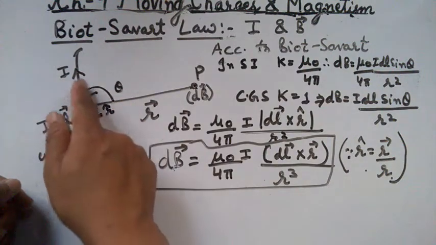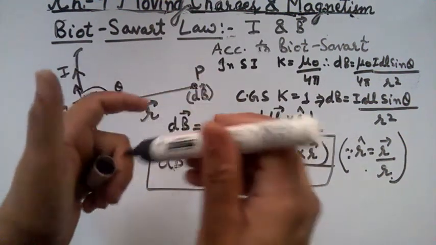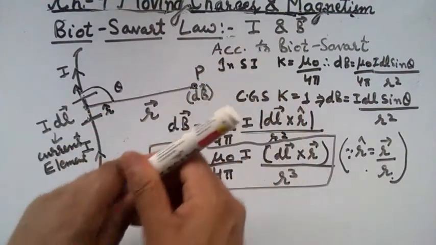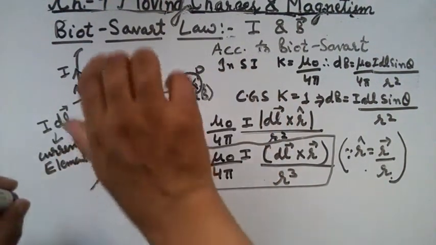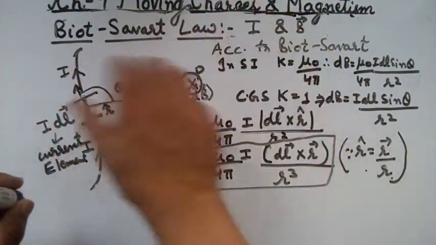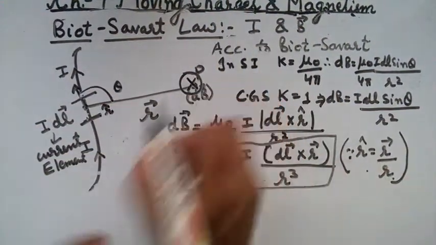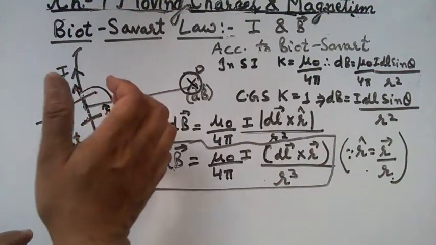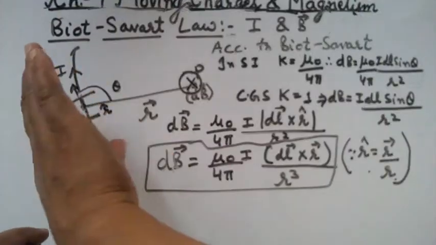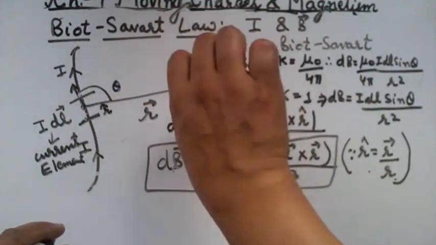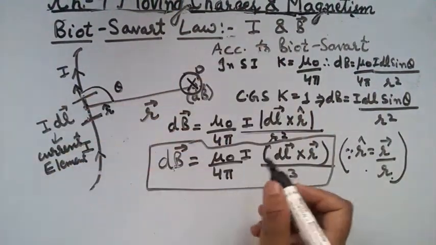So dl cross r gives the direction in this way, into the plane of the paper. Or you can find it by right hand rule. That is, dl cross r, the direction of magnetic field is inward.